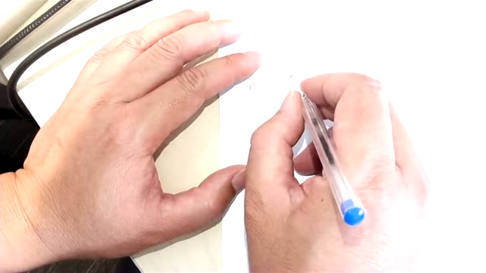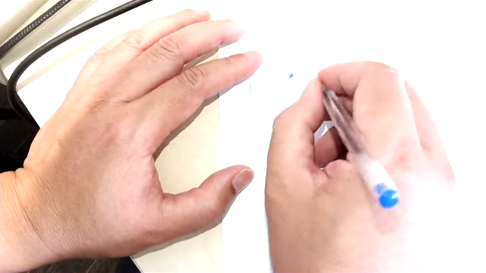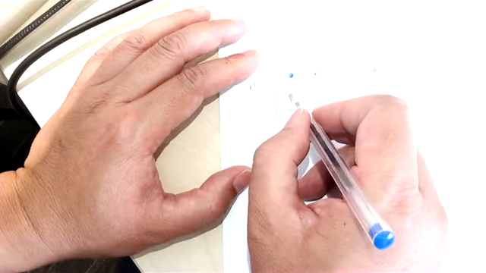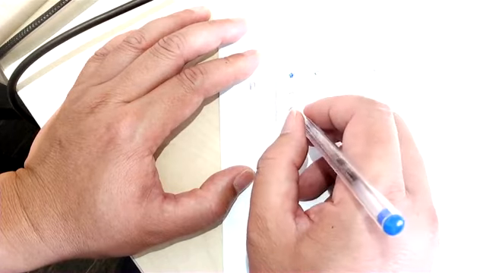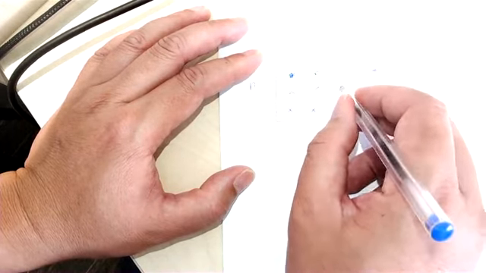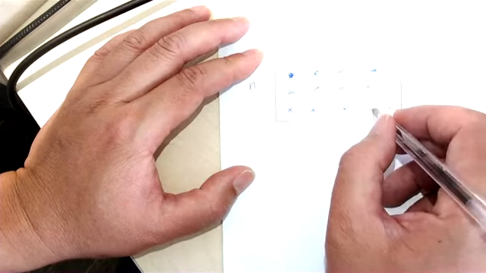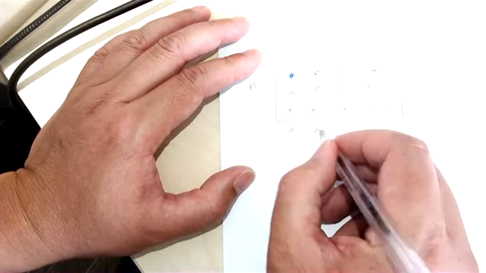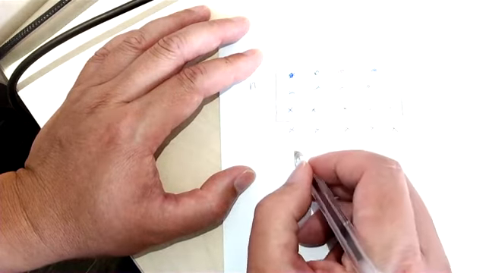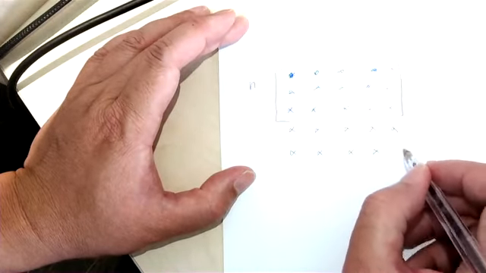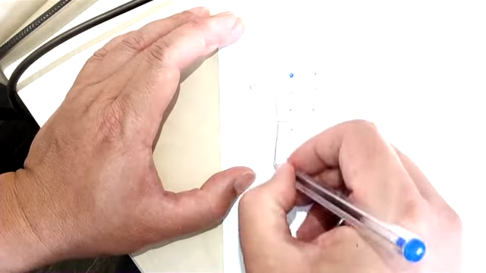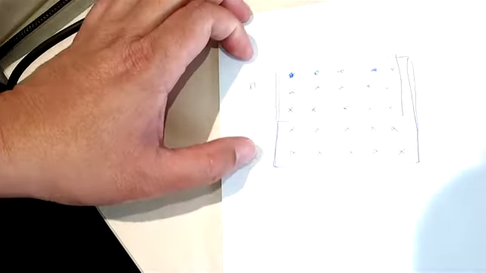Initially, you fix this row, and then you modify all the entries here. Say n equals 5, so this is an n by n matrix.